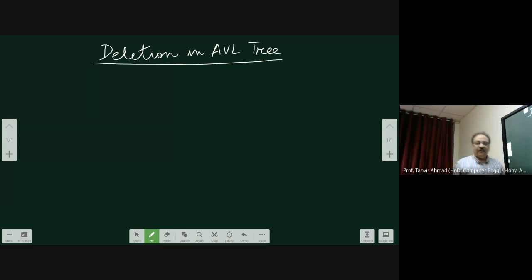Now obviously you know that in a binary search tree the deletion is very simple. There are three cases: the node to be deleted does not have any child, the node has one child, or the node has two children, and that you have done according to the laid down rules.